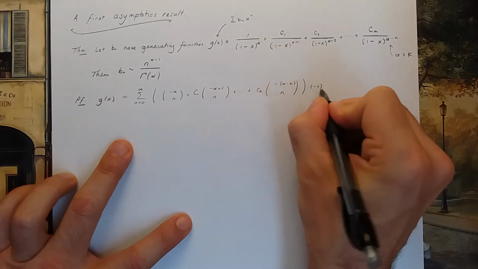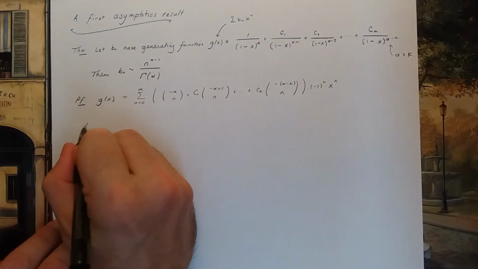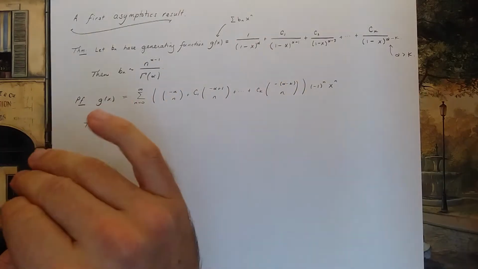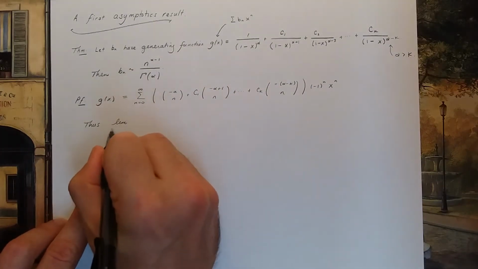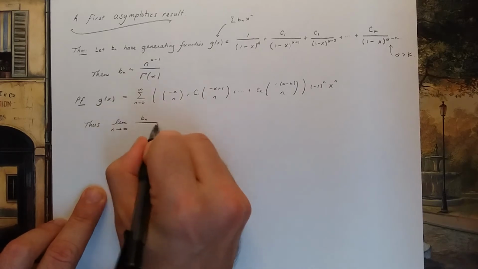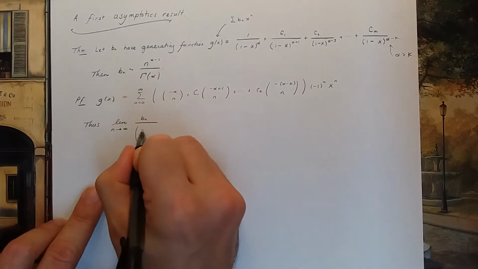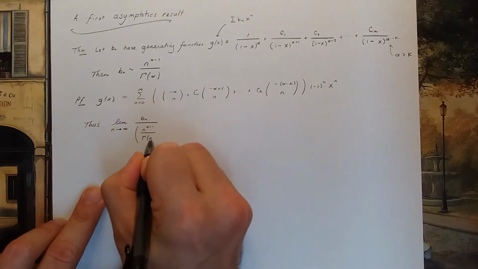All of that would be times minus 1 to the n, x to the n. So I can lean on the result we found in the previous video, and write this as the limit as n goes to infinity of b_n divided by n to the alpha minus 1 power over gamma alpha.